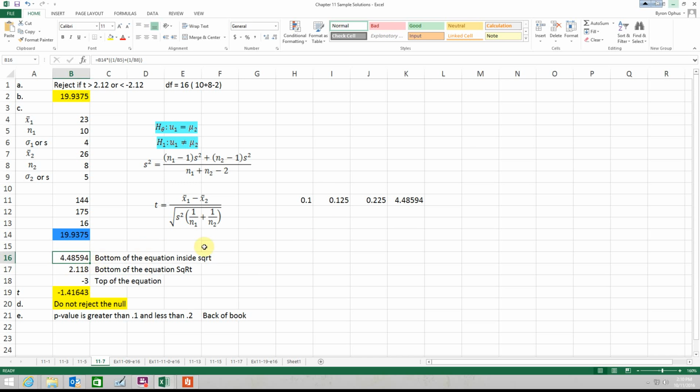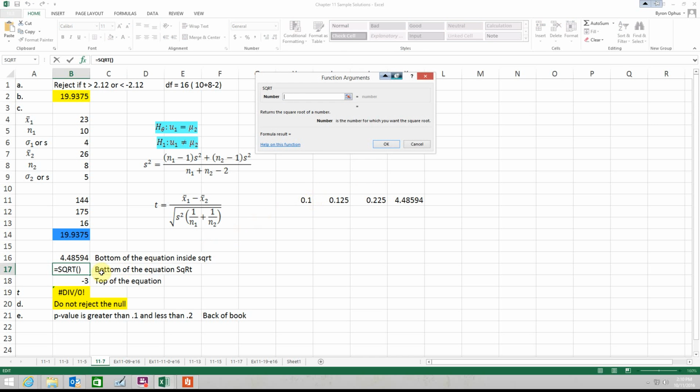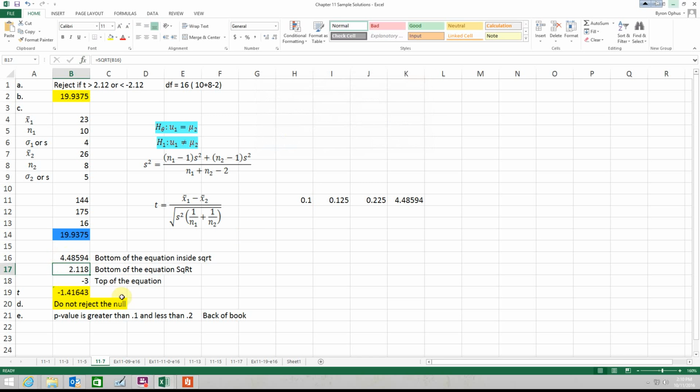So this was simply equal to that. I kind of did the equation a little bit longer up there, and that's fine. You can certainly do that. And then I take the square root of that. Simply use my square root function up here is probably the easiest way to do it, but you can do it the other way I showed you as well. Boom, I've got that.